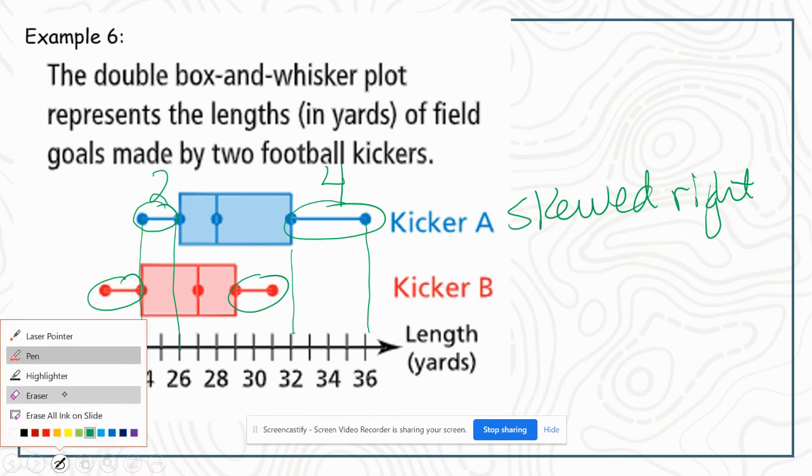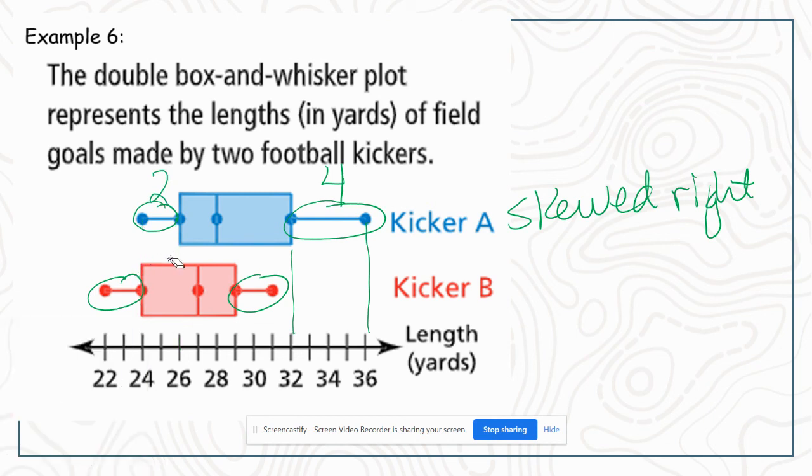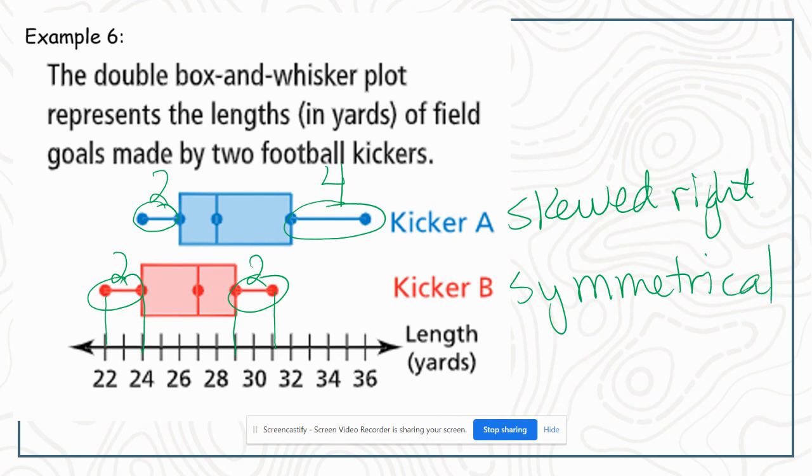If I look at kicker B, then we have 22 to 24 is 2, and 29 to 31 is 2. So kicker B is symmetrical. Which value is more spread out?